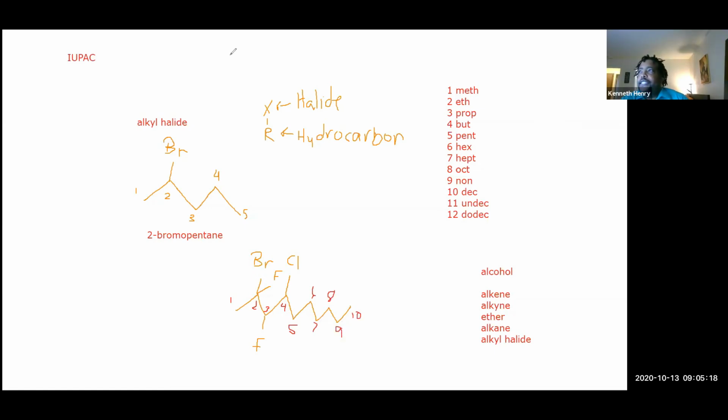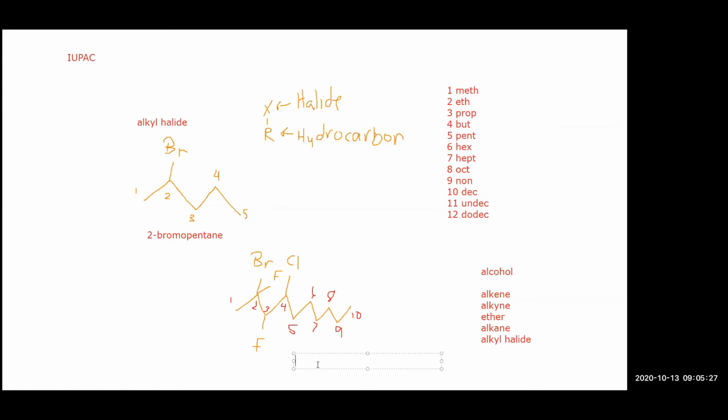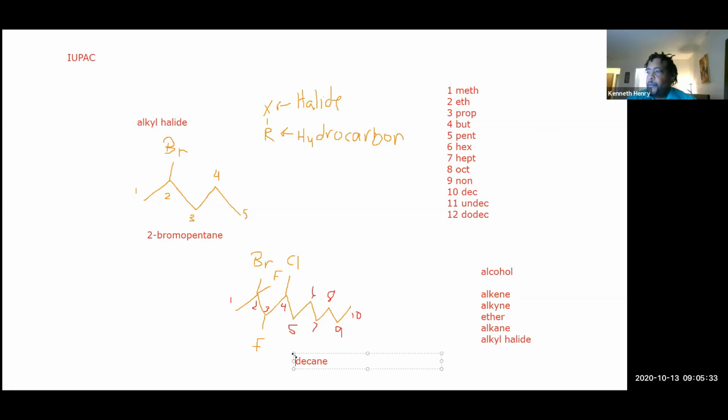So there's 10 of them, which means our ending is going to be decane. Now tell me where the bromos, the fluoros and the chloros are located.